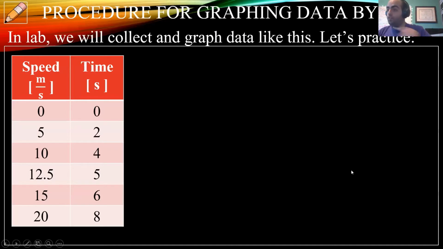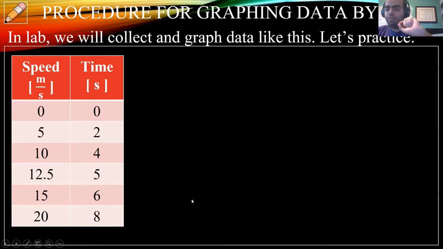So one of the other things that we want to get comfortable with is, given some data like this in a table, we want to be able to make a graph of that data. And the first thing we want to ask ourselves is, what's the independent variable and what's the dependent variable? Because that tells us what goes on the horizontal and the vertical axis.